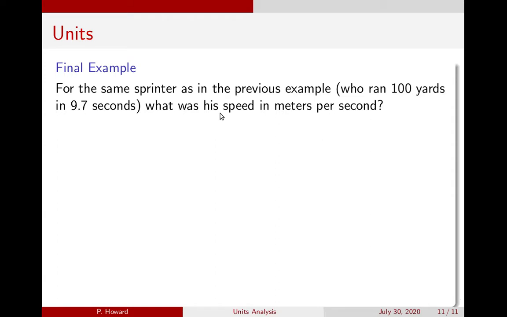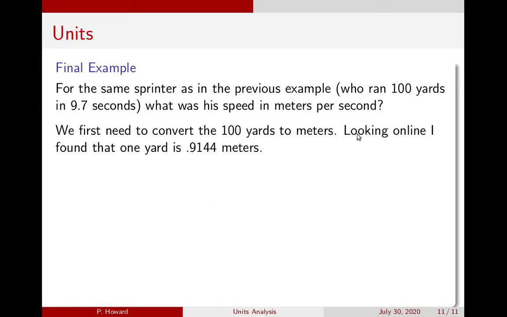So what we need to do is convert the 100 yards to meters, and then do a division, the number of meters divided by the number of seconds. Okay, what is the ratio of yards to meters? Well, looking online, I found that 1 yard is 0.9144 meters.